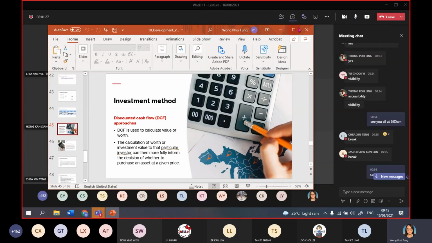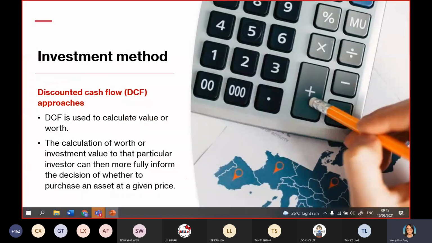Okay, welcome back. Last part. The last part of this valuation method is how we are going to use the investment method in the discounted cash flow approach, DCF. So discounted cash flow is quite useful to calculate whether an investment is worth it or not. Especially if you want to take over a business, you want to determine whether this business will eventually bring you sufficient profit or not.